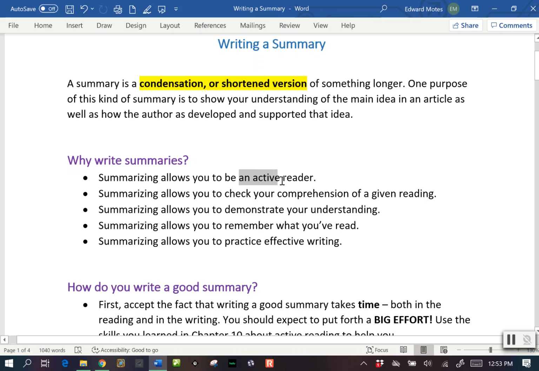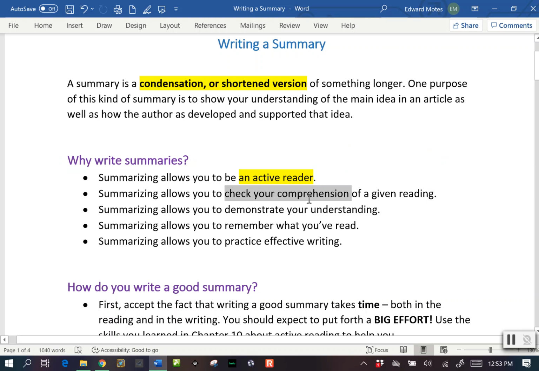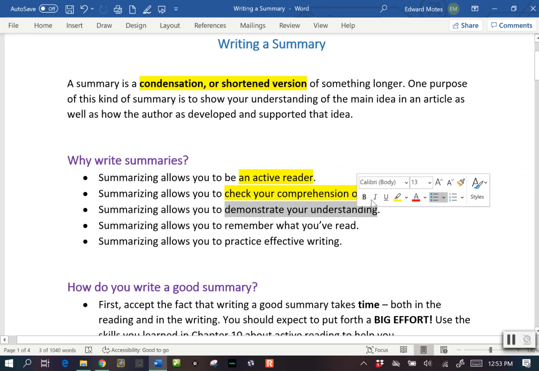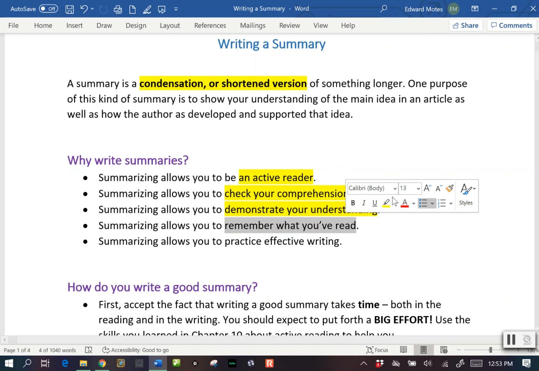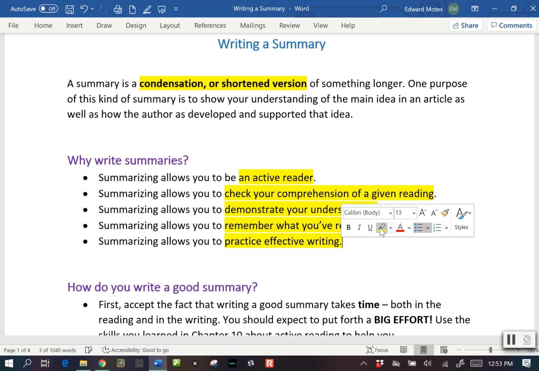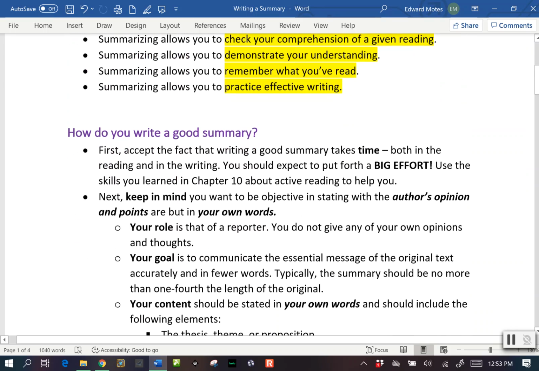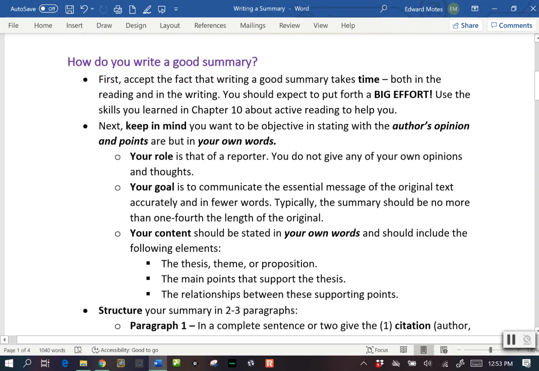We write them to be an active reader, to help check our comprehension of a given reading, to demonstrate our understanding, to remember what we've read, and then to practice effective writing. That's always important. Those are the reasons why we annotate or write a summary.